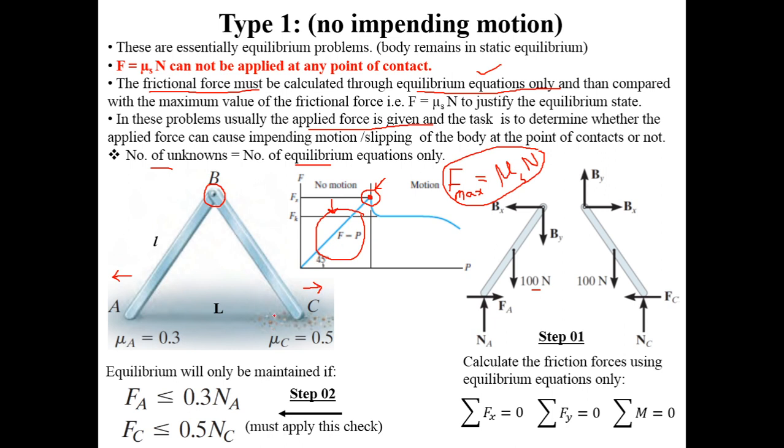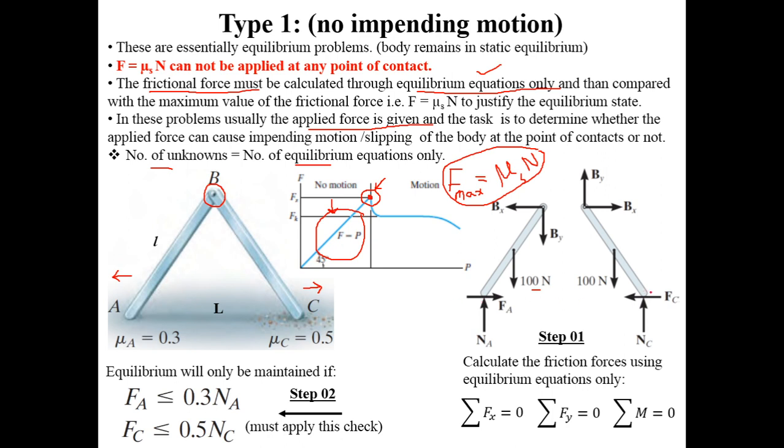So notice that I have shown the direction of friction force opposite to the direction of motion at these points. So this point A was actually slipping in the negative x direction, and I have shown the friction force in the positive x direction.